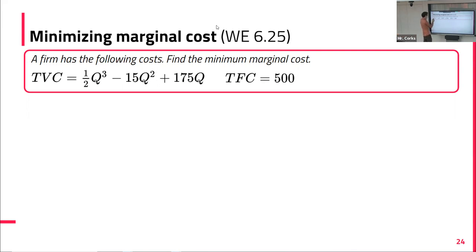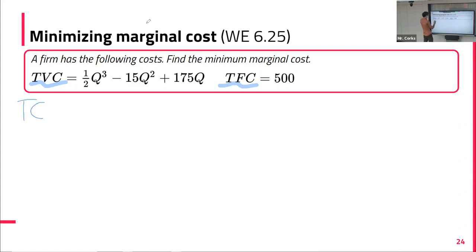Okay, what do these things represent here? What is TVC and TFC? Total variable cost and total fixed cost. So if I want to find my total costs, then what can we do?